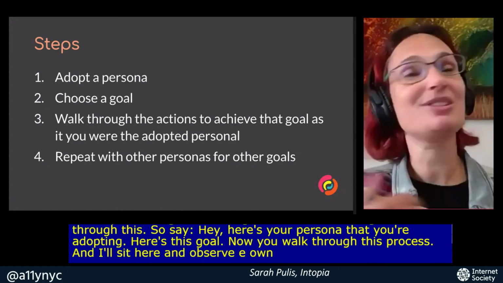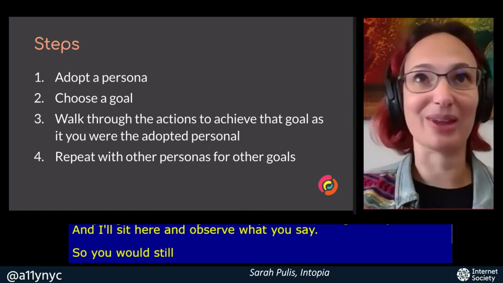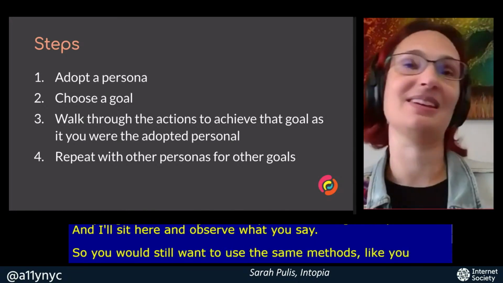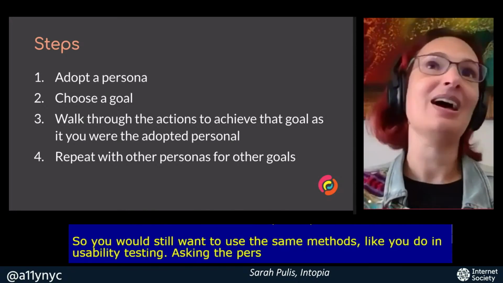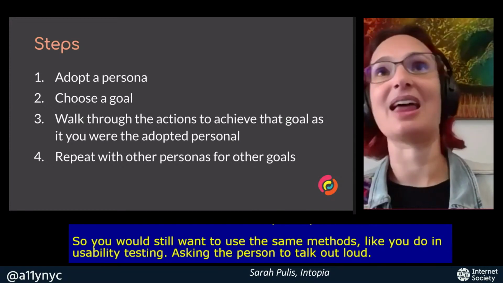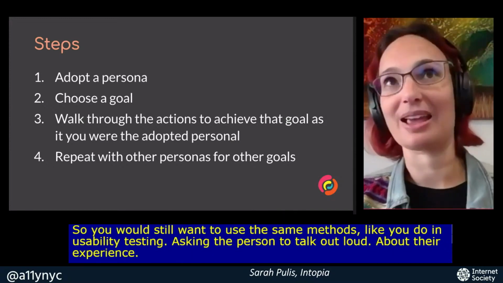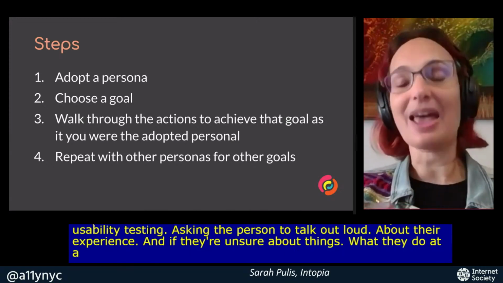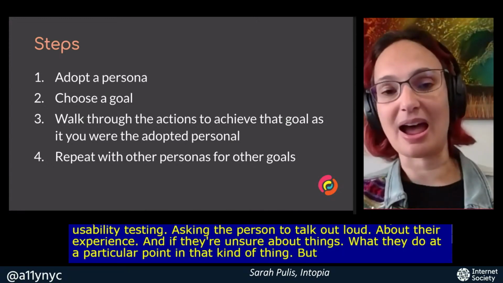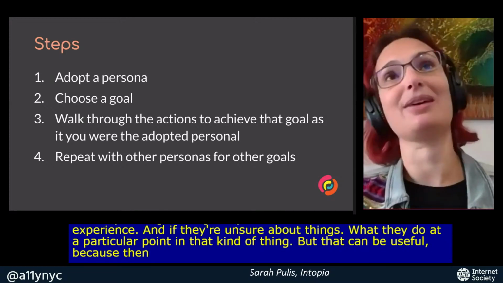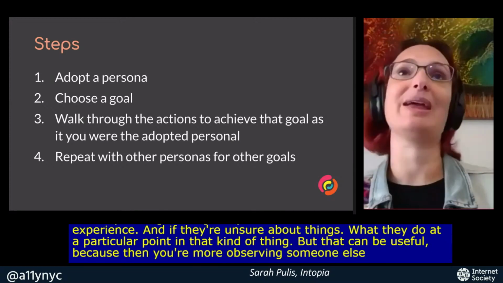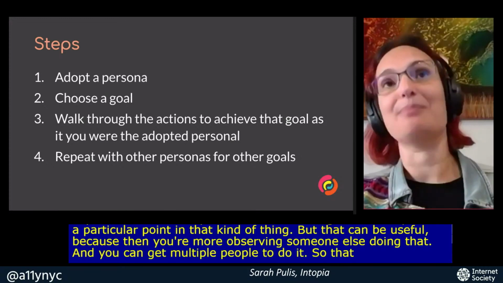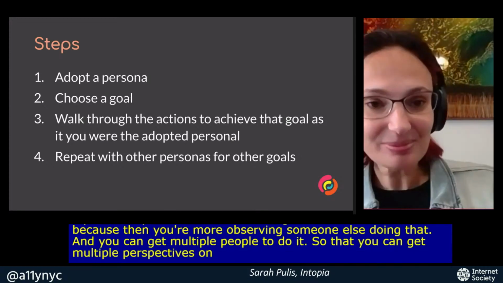So you'd still want to use the same methods like you do in usability testing, asking the person to talk out loud about their experience and, if they're unsure about things, what they do at a particular point and that kind of thing. But that can be useful because then you're more observing someone else doing that, and you can get multiple people to do it so that you can get multiple perspectives on this.